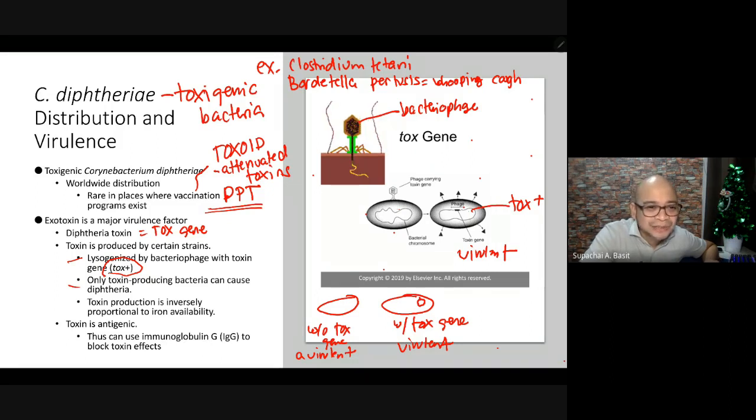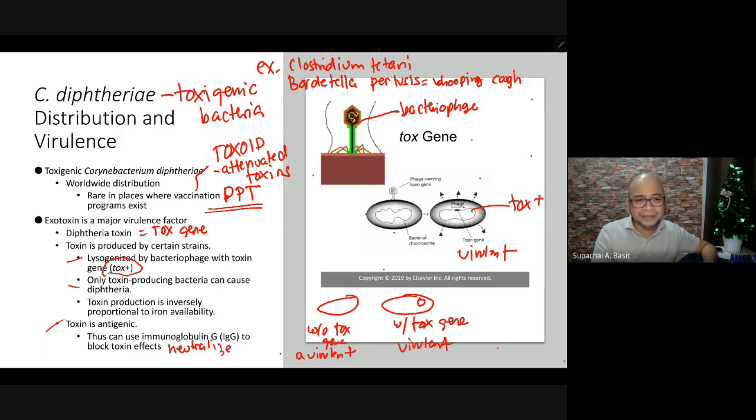Toxin production is inversely proportional to iron availability. So the less iron, the more toxin production will happen. The toxin is antigenic, meaning we can use antibodies to block or neutralize the toxin's effects.